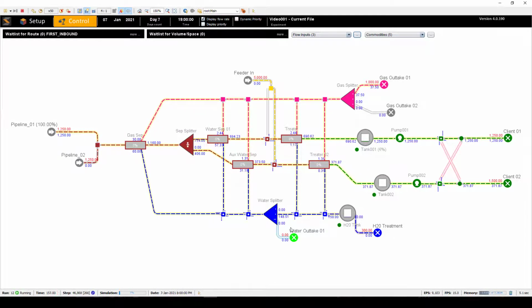we can now see that the water outtake has been disabled, noted by the lime green color for inactivity, and our water treatment facility has increased its flow rate capacity to 300 barrels per hour. And again, we can see that alleviation of the bottleneck is also occurring in this simulation as well.